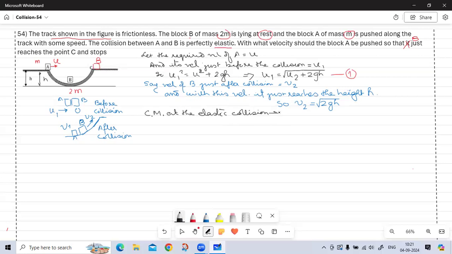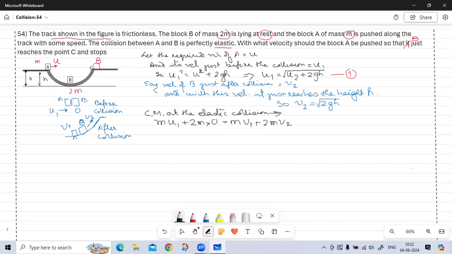Conservation of momentum says that the total momentum before collision, the mass of A is m times u1, plus the mass of B is 2m, but it was at rest so its velocity is 0, is equal to, after collision, mass m multiplied by v1 plus 2m multiplied by v2.